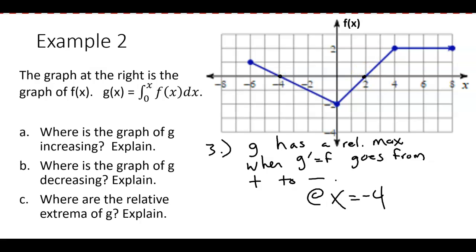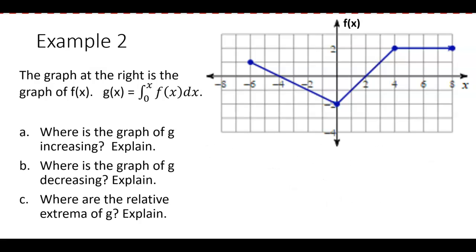Now, we got to do the other one over there, too. This one is going from below to above. In other words, negative to positive. That makes it a what? That makes it a relative minimum. So we'll write that also.